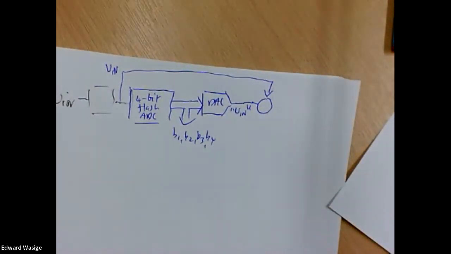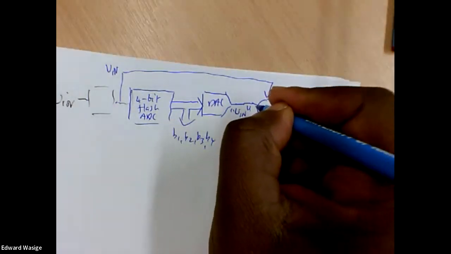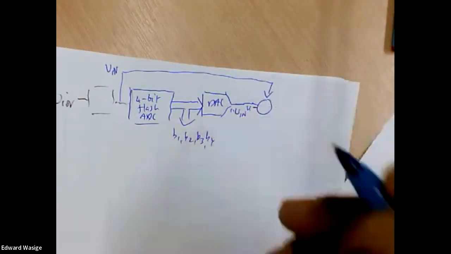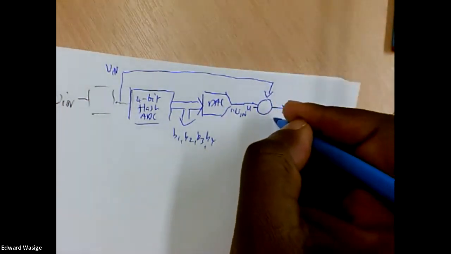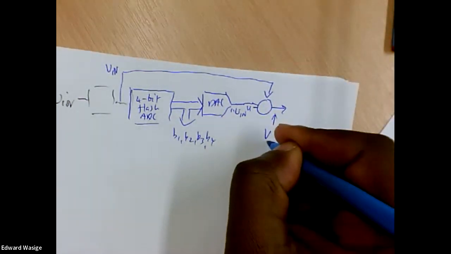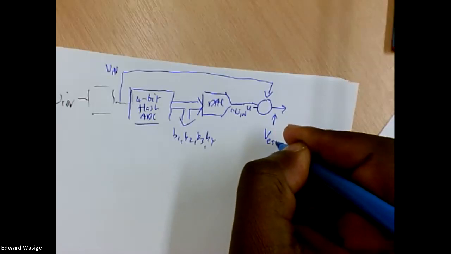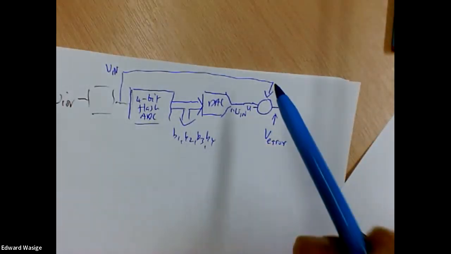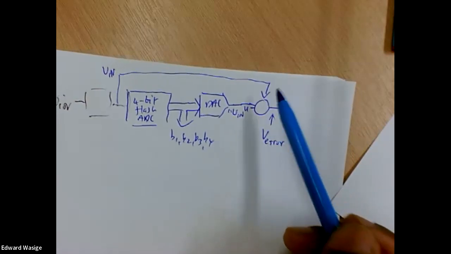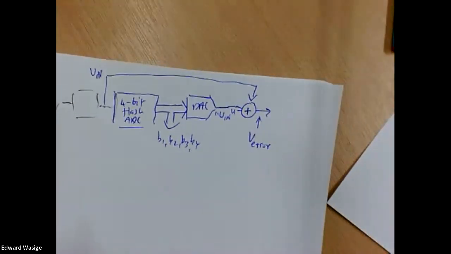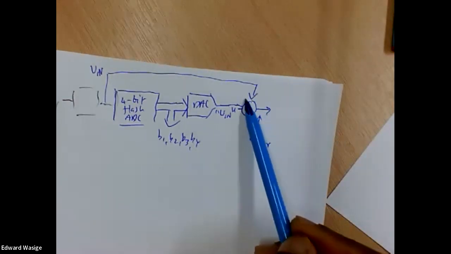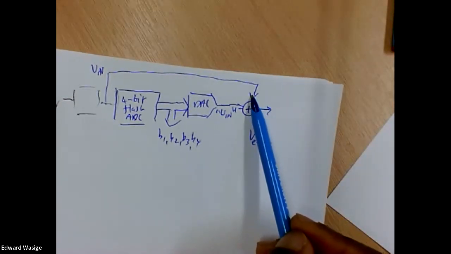If I get my Vin and I subtract that from those 4 bits, what comes out there will be V error. So the input voltage into this summer comprises the actual input voltage, which we want to represent with 4 bits.